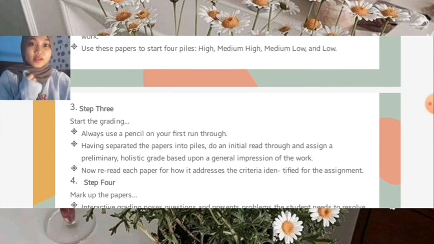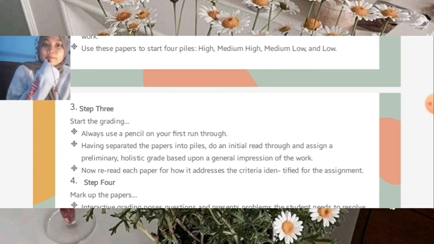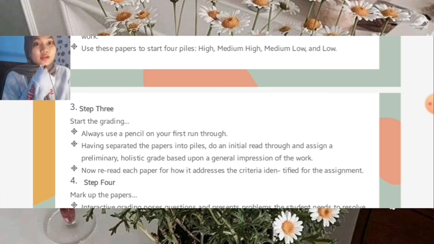Step 3. Start the grading. Always use a pencil on your first run through. Having separated the papers into piles, do an initial read through and assess your preliminary impression of the work.